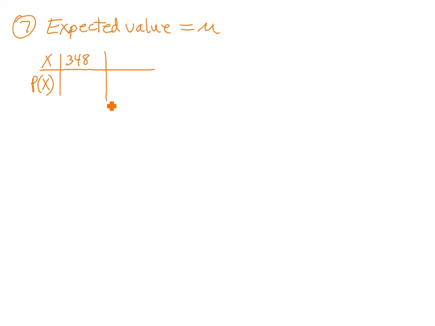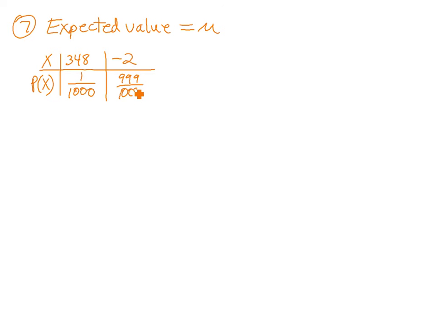Or your x could be that you lose, which means you lose $2. The probability of winning is you get that one ticket out of 1,000. The probability of losing is all the rest of them, which is 999 out of 1,000.